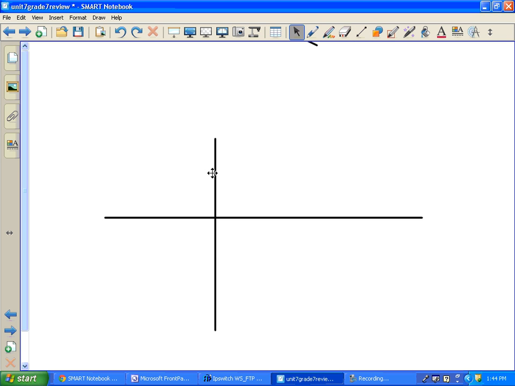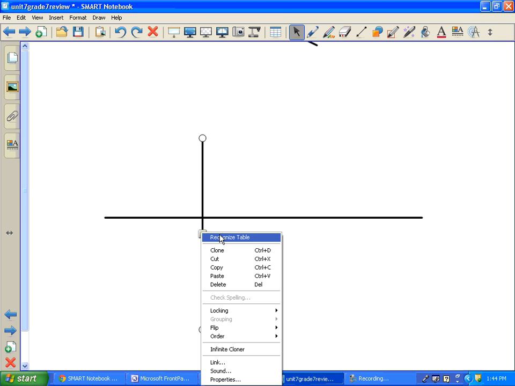So this is perpendicular, but it doesn't cut the line in half or bisect the line. So it's going to have to be somewhere about there, or, even if we wanted it like that, probably about there. But how do we draw it properly or fairly easy?